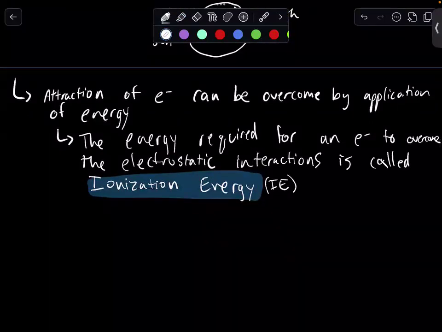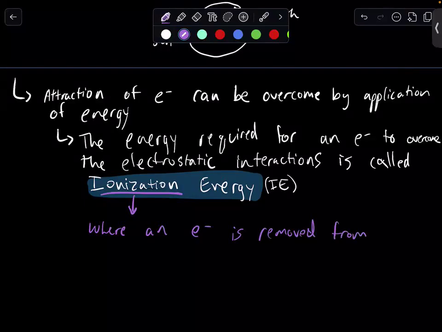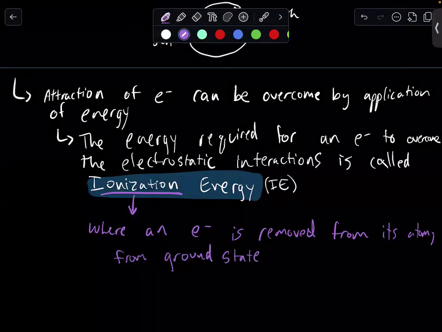So let's define ionization really quickly, and I'll switch to a different color. Ionization is the term where an electron is removed from its atom. Specifically, we're talking about from ground state to n equals infinity.